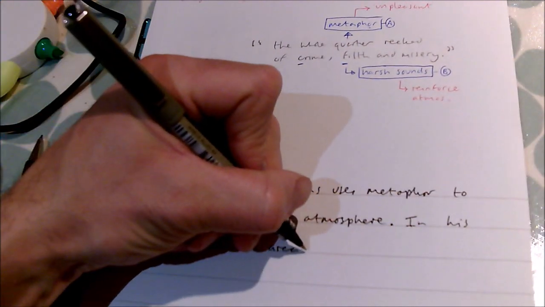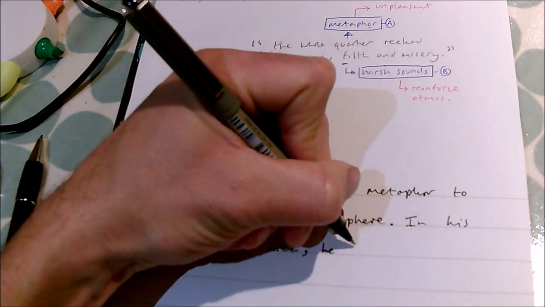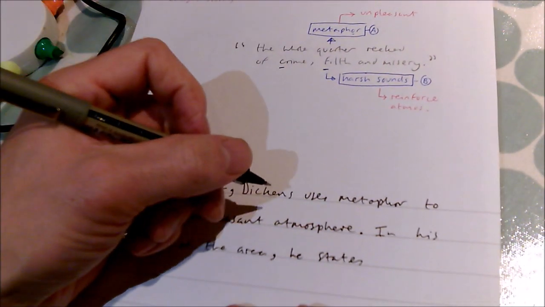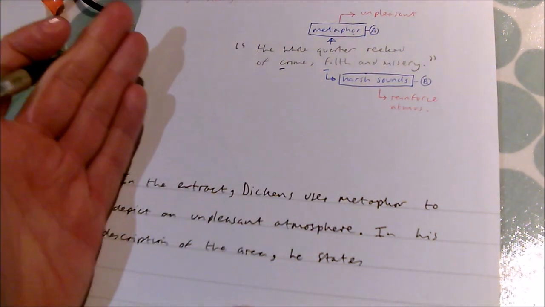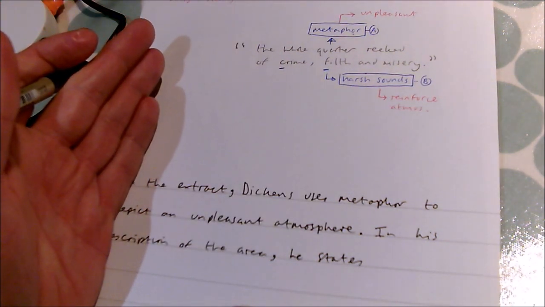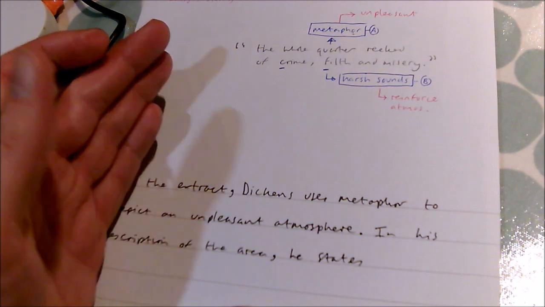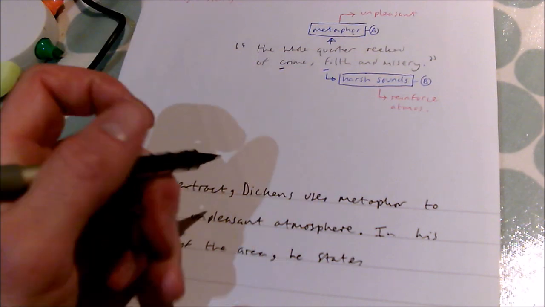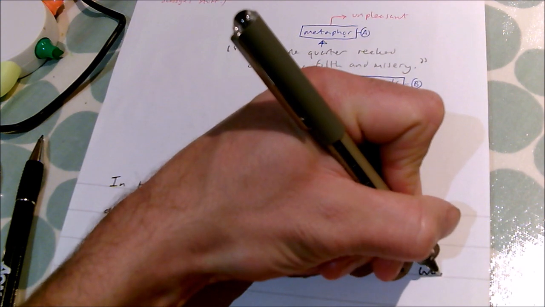In his description of the area, comma, he states that, and now we're putting in our quotation. You'll notice it's not a massive one. If you do put a massive one in, the examiner just thinks, this kid knows nothing, they're just tossing in a big quote to fill up some space and pass some time in the exam. So we'll keep our quotes accurate, appropriate and relevant. He states the whole quarter. A quarter obviously refers to an area.